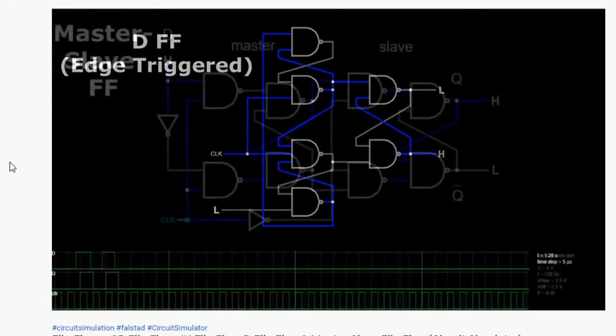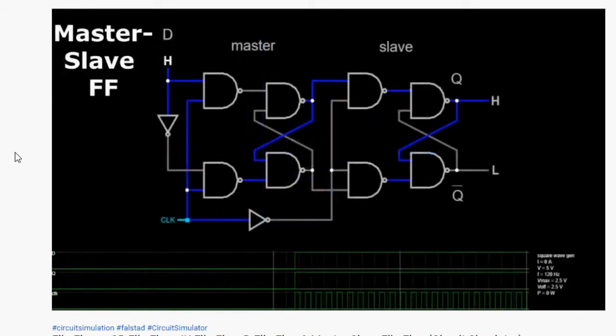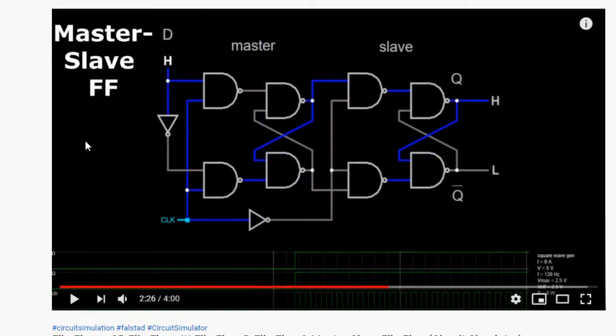So let's look at master-slave. When you say master-slave, it's a cascaded arrangement where you have two sets of flip-flops, the master controlling the slave. Let's look at how it works in the logic simulation.